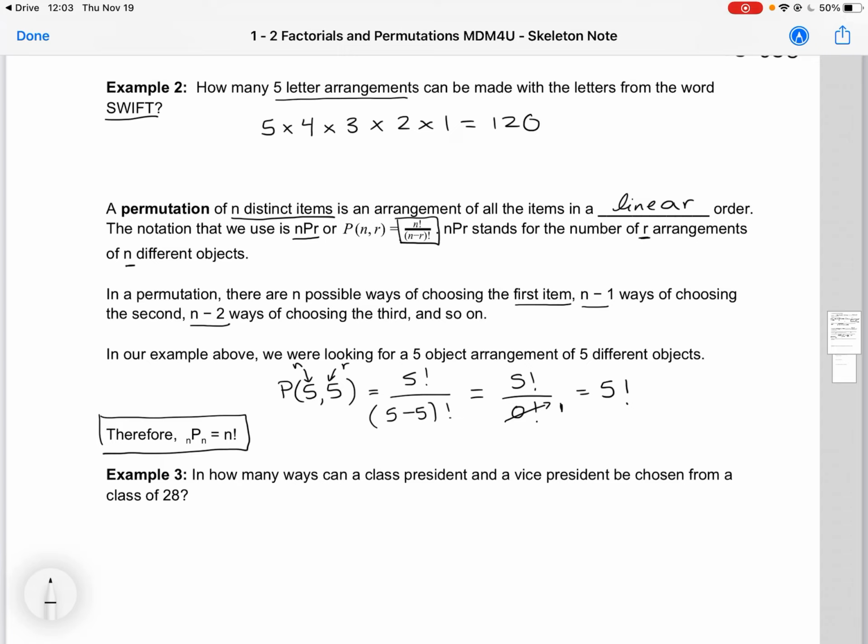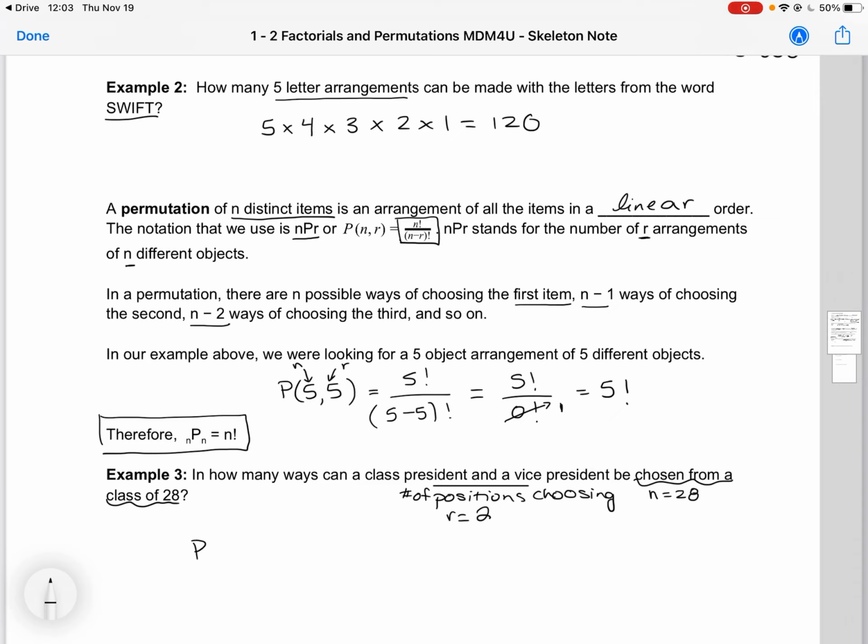In how many ways can a class president and a vice president be chosen from a class of 28? The number of people that you're choosing from is your N value, how many objects you have. Your R value is your number of positions that you are choosing, which in this case is 2.